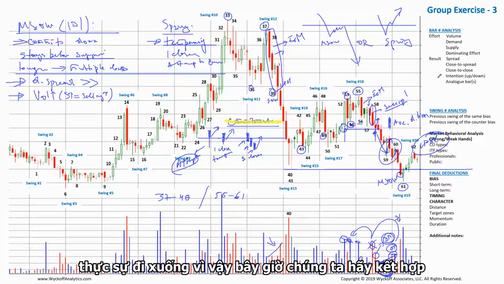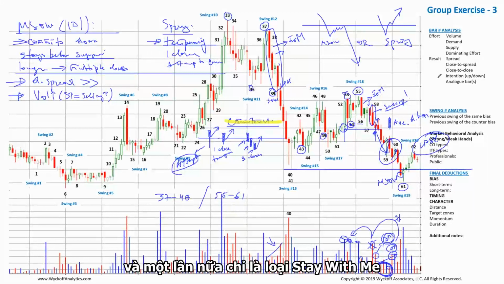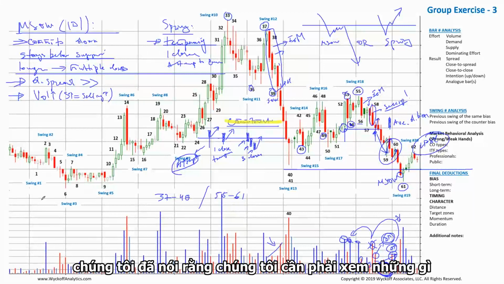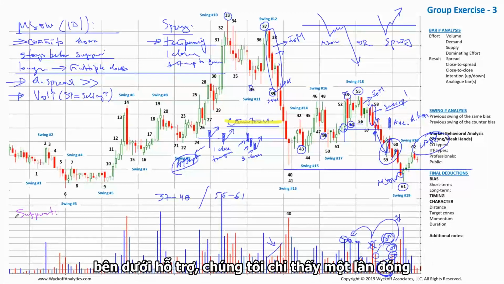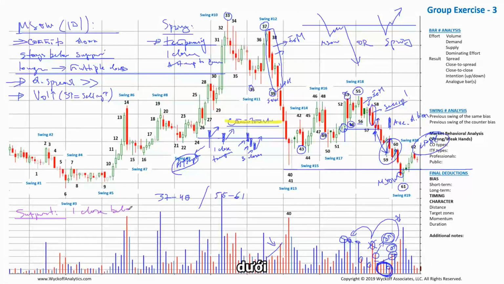So now let's combine everything. Again, just stay with me. We've said that we need to see what's going to happen with the commitment below the support. We see only one close below, and then the price recovers, and recovers relatively quickly.